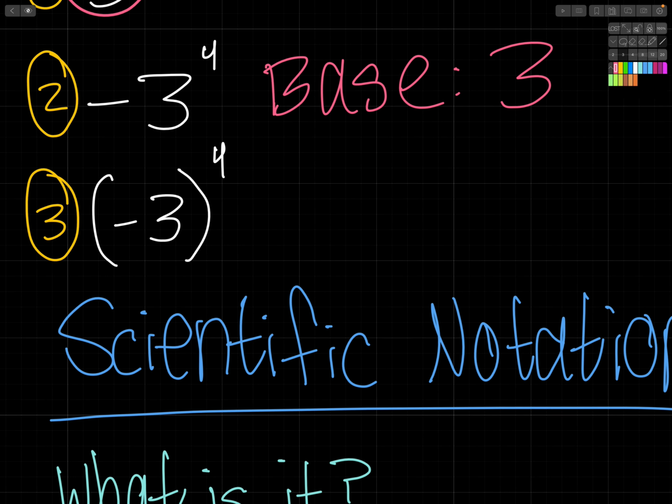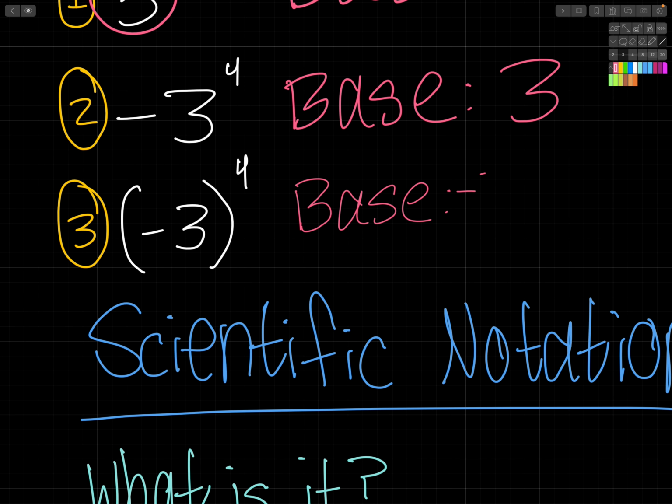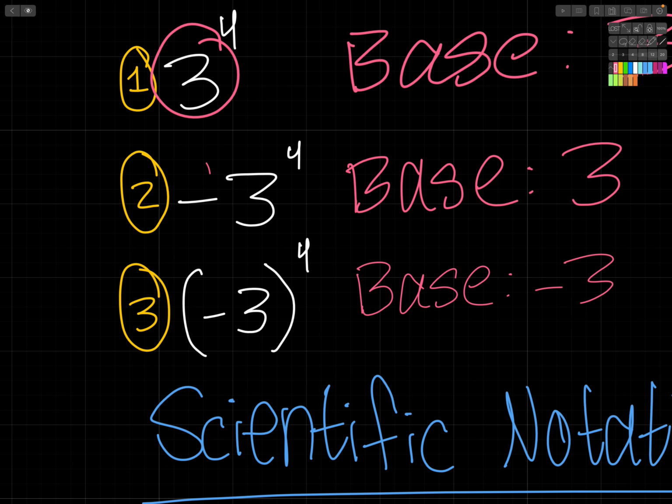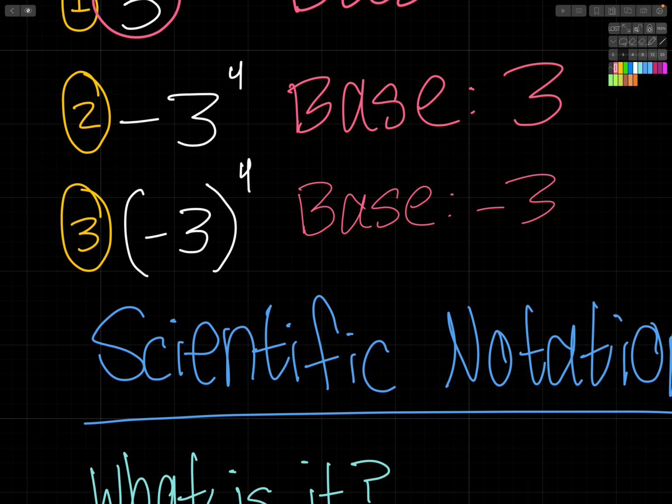So that means that the base would be -3, because it's directly affecting the base. Whereas here, it's not first. First, you do exponent, then you times it by -1. But here, you first do times -1 by 3, and then you do the exponent. So it's directly affecting the base.